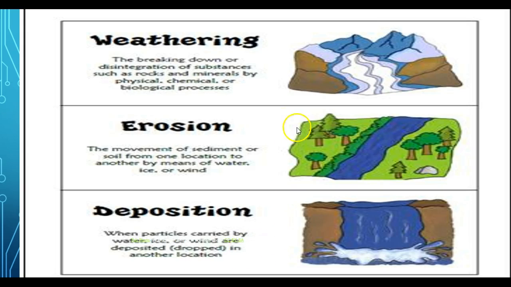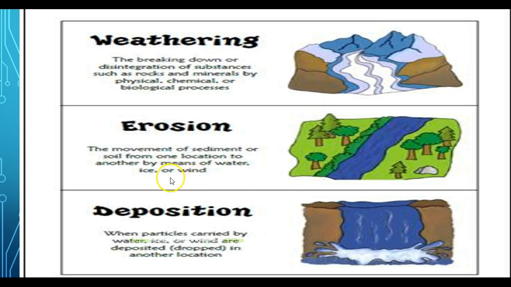Now, for weathering and erosion, remember that weathering is the breakdown of Earth's materials, and it has chemical and physical weathering. Physical just changes the appearance, chemical changes the composition. Then you have erosion, the movement of sediment and soil from one location to another. So this is when they talk about transported.